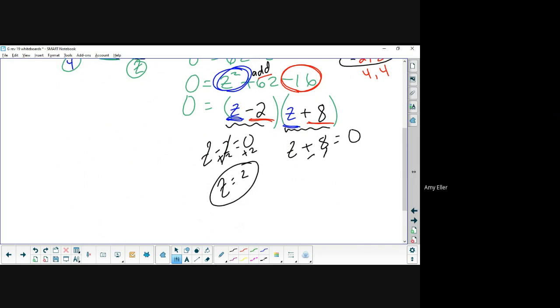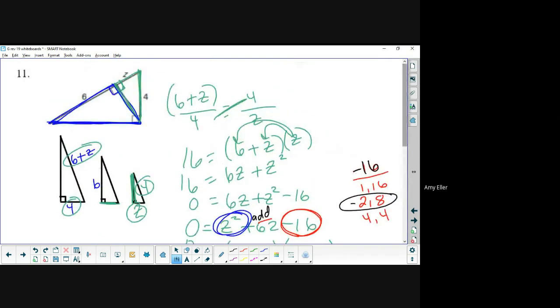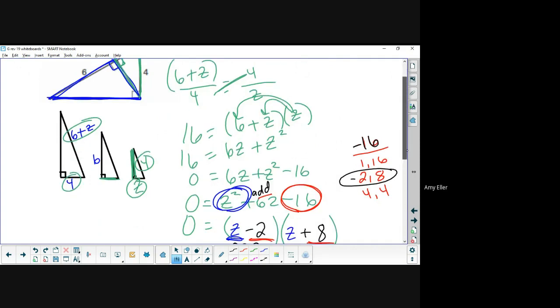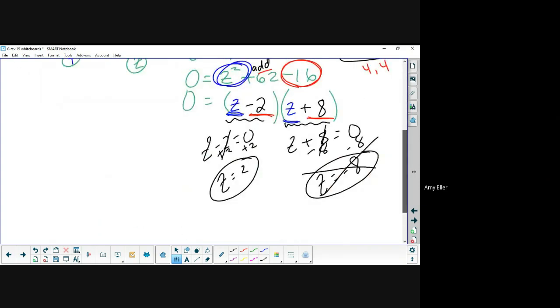Get z by itself. Now you'll notice I said the answer is 2. I didn't even mention anything about -8 being an answer. Does anybody know why I left out -8 as an answer for z? Is it negative? Yeah, I've never seen a negative side length for any measurement before. So if you do get a negative and it doesn't make sense with your problem, then you would ignore it.